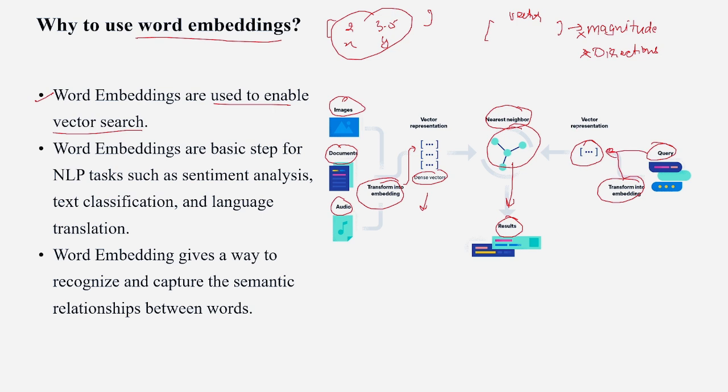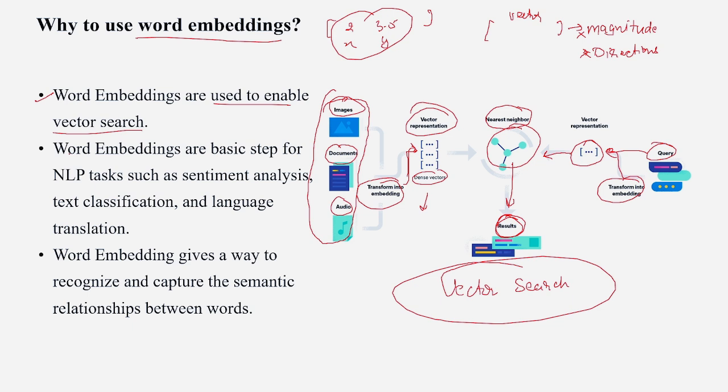This vector representation goes to nearest neighbor, and we have a database of documents, audio, and images, which is also transformed into embeddings and vector representations. Combining both, we get the result. So this is a vector search. I hope it is clear to you what vector search is.